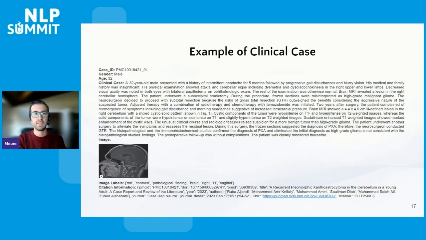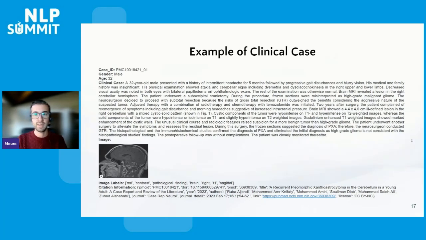Okay, so here we have an example of some of the data that refers to one case. Cases have a case ID, gender, age. You can see here also the clinical case: a 32-year-old male presented with a history of intermittent headache and so on.